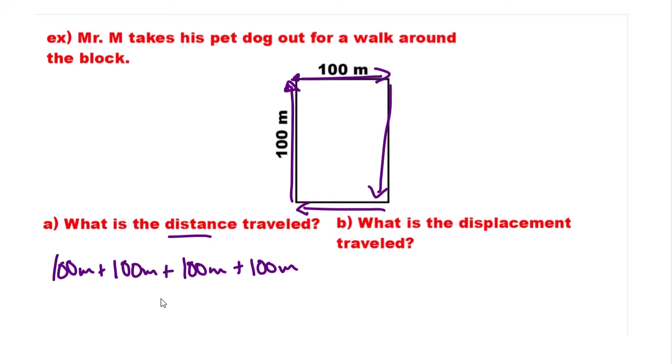All of those paths. So I went 400 meters as my distance. But my displacement, that's where did I end up relative to where I started? Well, I started here, I ended up here, so my displacement is 0 meters. My distance was 400 meters.